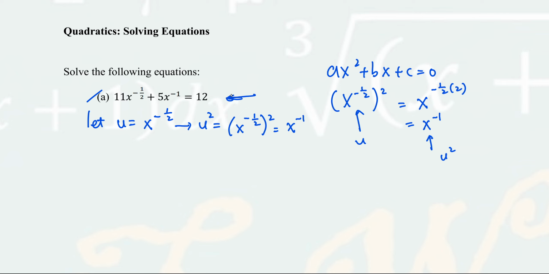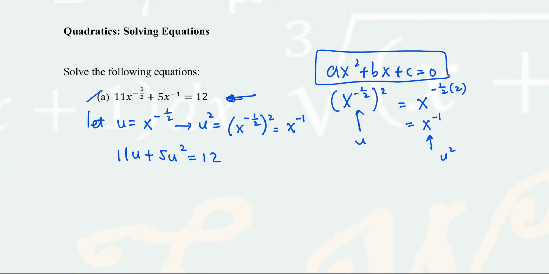I will rewrite this equation: 11u + 5u² = 12. Since you have u squared and a constant, I will just rearrange so that it is in the quadratic form. That will be 5u² + 11u - 12 = 0.